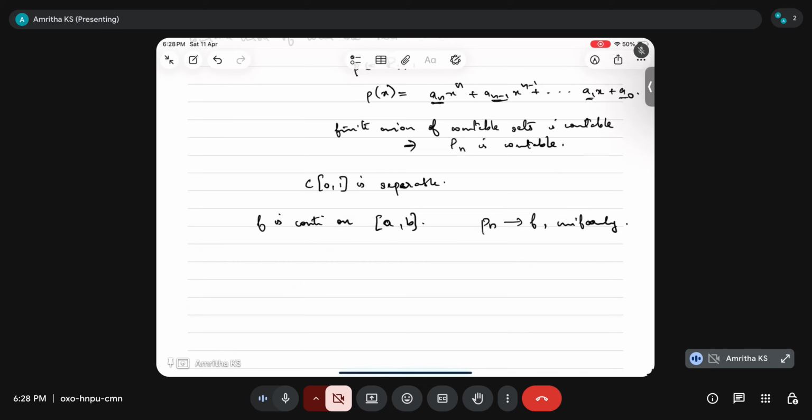So what is the importance of this closed and bounded set here? Can one drop the closedness or the boundedness and still get the same results? But that is not possible. One can get counter examples.